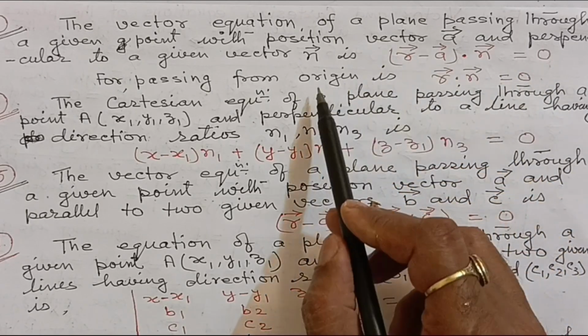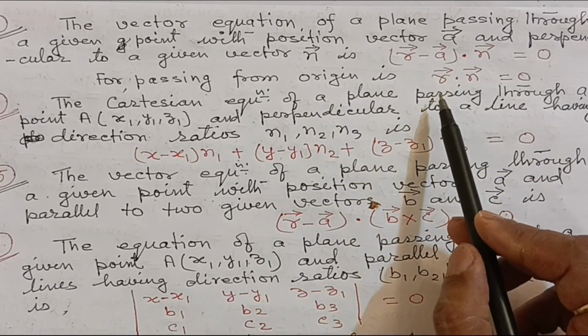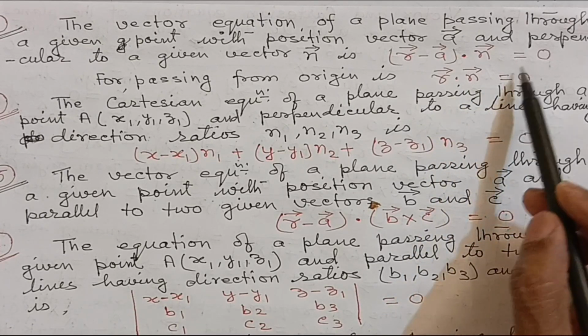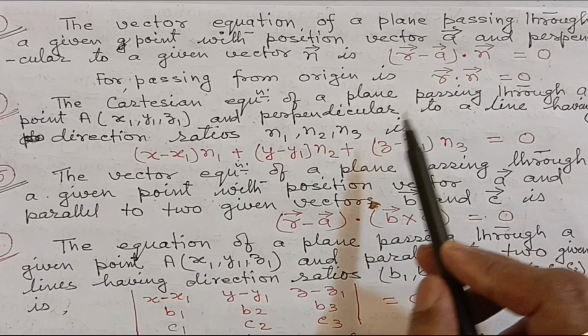If this plane passes through the origin, the equation is vector R dot vector N equals 0. It is very important to solve the problem.